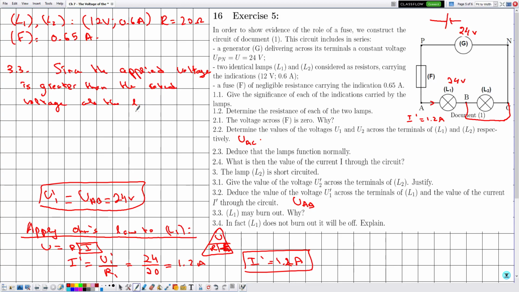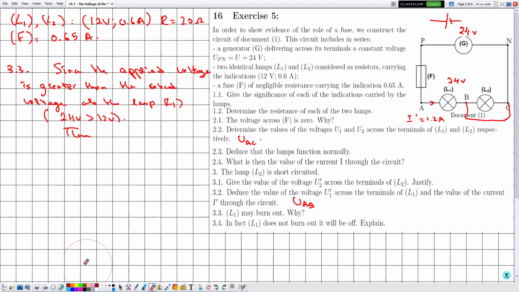So since the applied voltage is greater than the rated voltage of the lamp L1, because 24 volts is greater than 12 volts, then the lamp L1 may burn out. We know that the lamp L1 may burn out or function strongly, but since they are telling us it will burn out, we will say it will burn out. Then the lamp L1 may burn out.